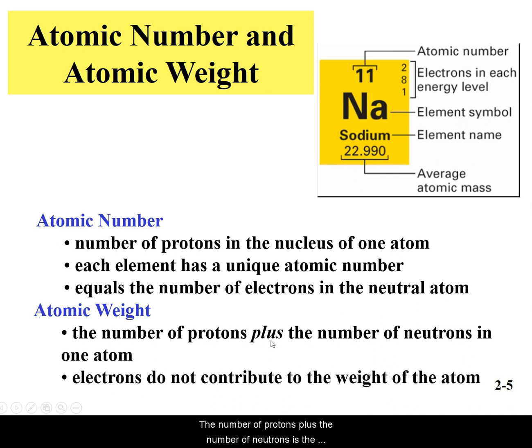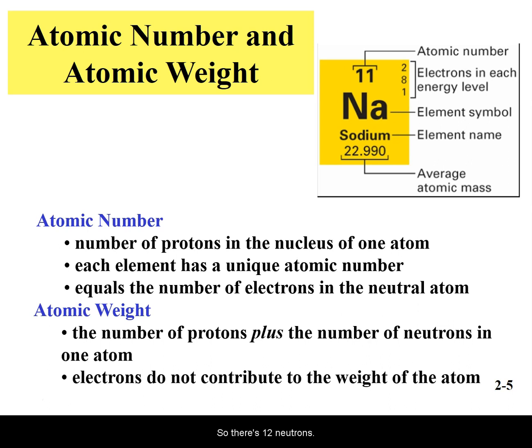The number of protons plus the number of neutrons is the atomic weight or mass. All right, so if we know there's 11 protons and the atomic mass is 23, how many neutrons would there be? How do you figure that out? Well, just subtract 11 from 23. And what is your answer? Oh, 12.